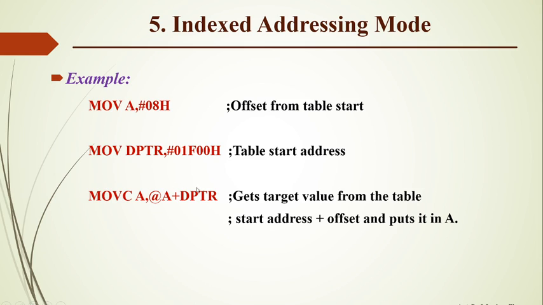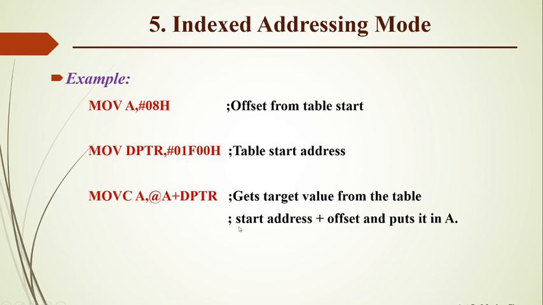The addition of these two registers represents the actual address of the data located in the table. Whatever address is generated by the addition of these two register contents, the data from that location will be copied into the accumulator.